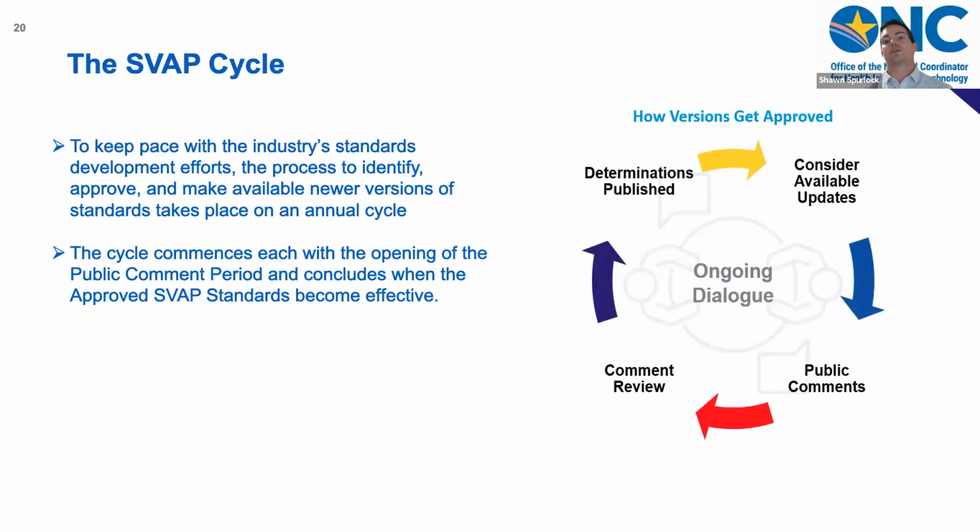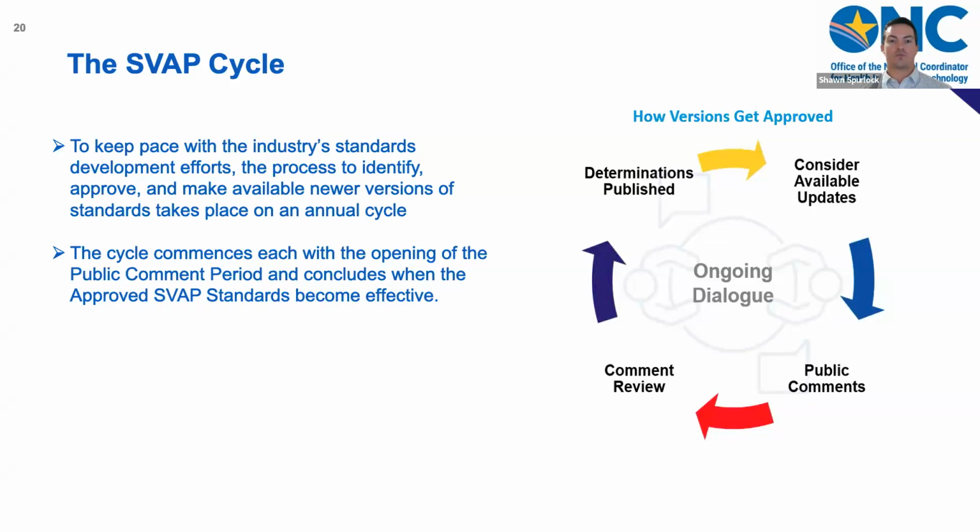Once ONC proposes standards to be included in a given SVAP cycle, there is a 90-day public comment period, which is then followed by an internal comment review period. Once final determinations are made of which standards will be included in a given SVAP cycle, the approved SVAP standards are released and then made available for use after a 60-day delay period.